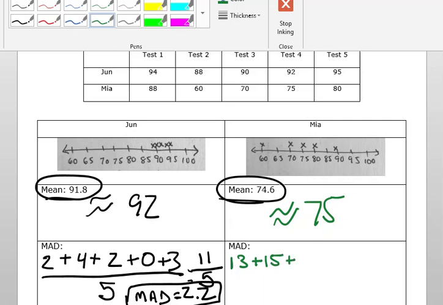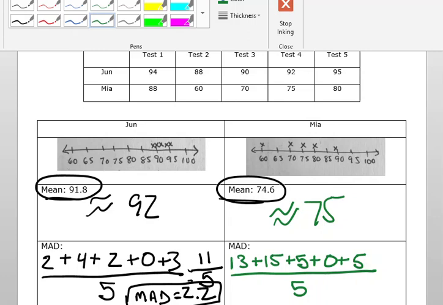The difference between 75 and 70 is 5, plus 0, 75 and 75. And then another 5, another difference of 5. And again, we have 5 tests. So when I add these all together, I have 13 plus 15 plus 5 plus 5.